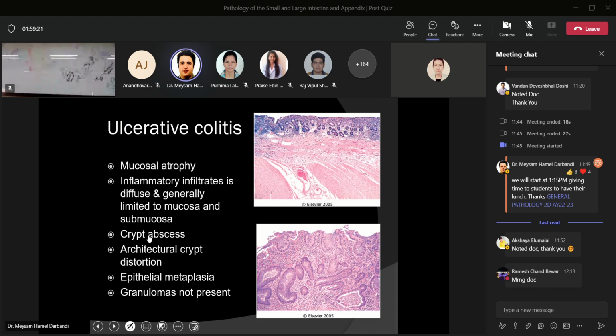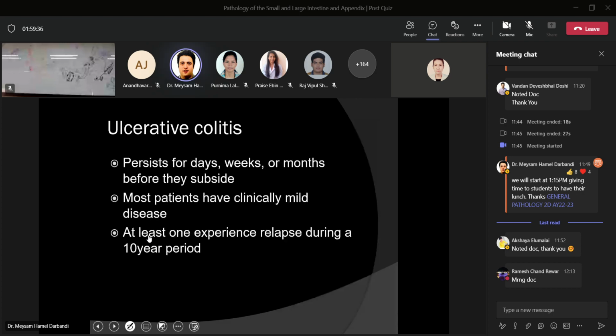Crypt abscesses, architectural crypt distortion, and epithelial metaplasia are present, and granulomas are not present. There is no granuloma formation. It can persist for days, weeks, or even months before it subsides. Most patients have clinically mild disease, and at least one experiences a relapse during a 10-year period.